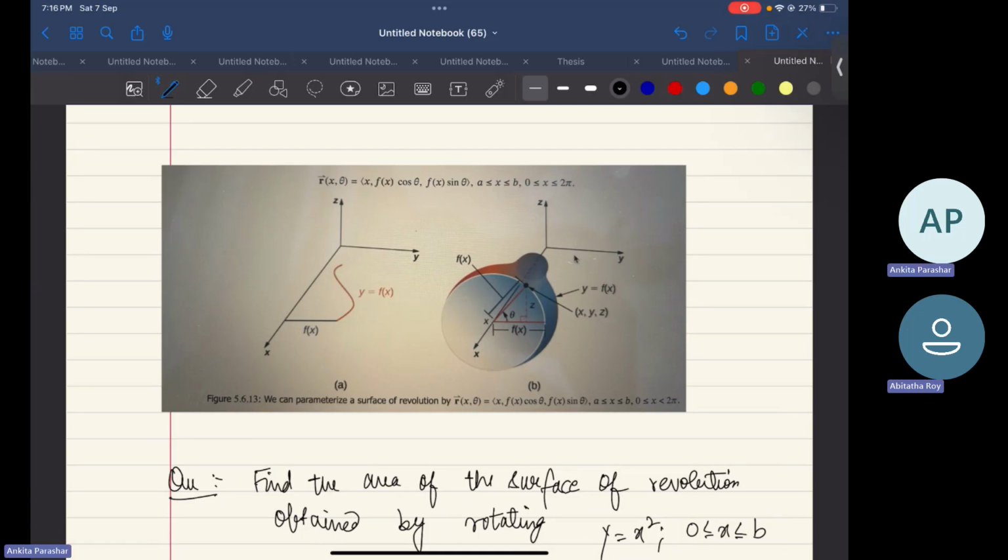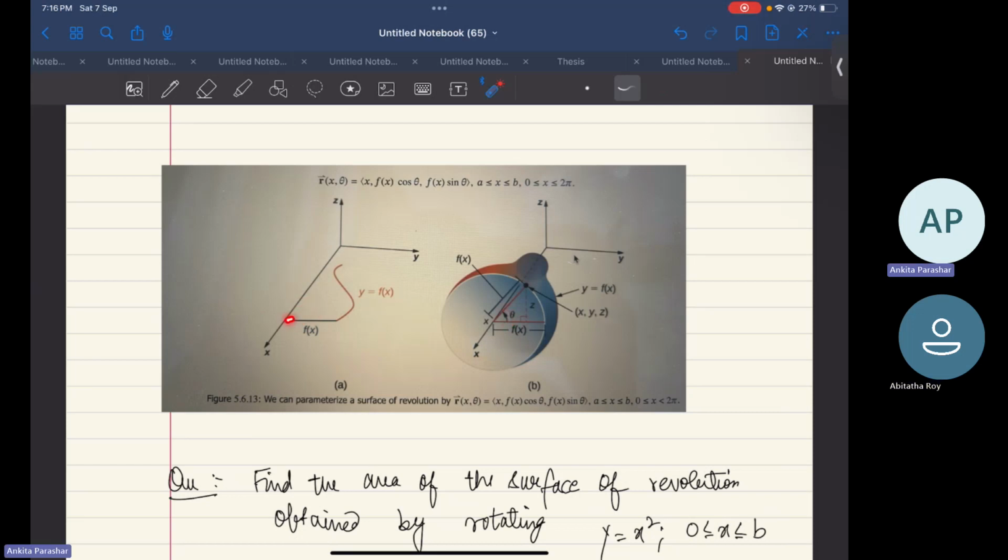Yes, there is an angle theta. If I just drop one point on the graph onto the xy plane, then I will get the distance f(x), which I'm writing here in the first image. This angle is theta.